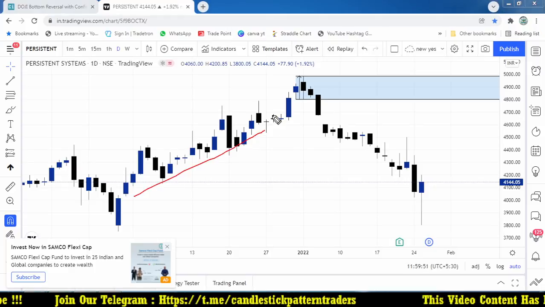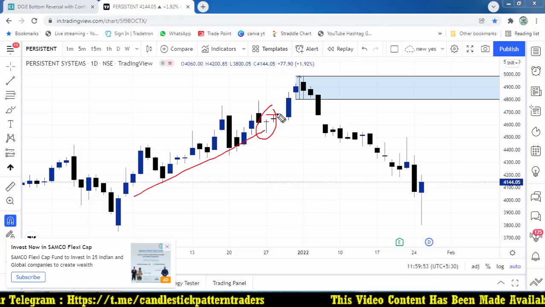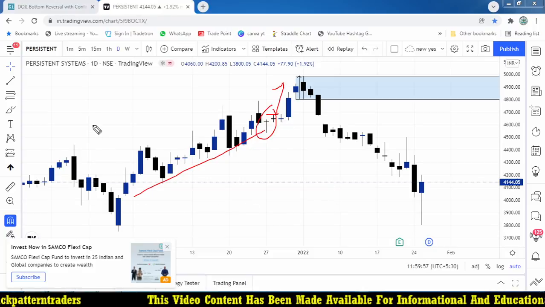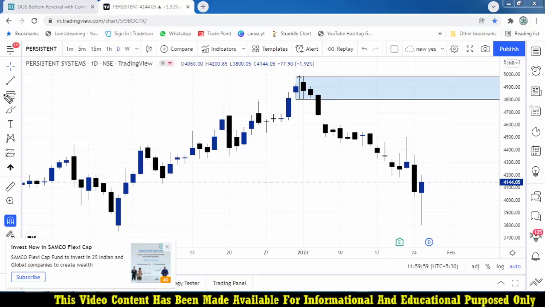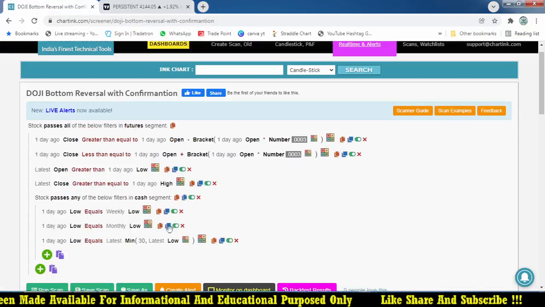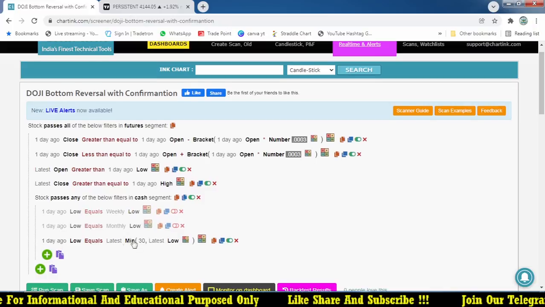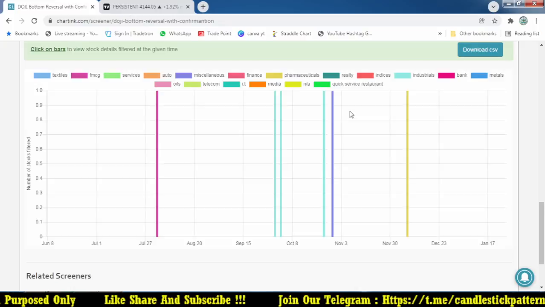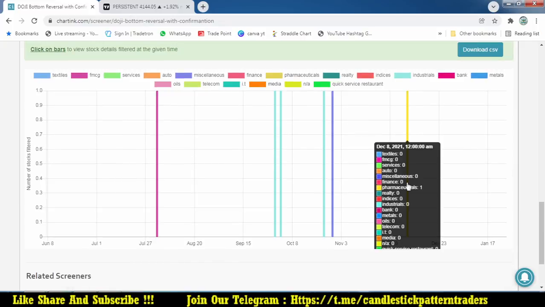Previously the stock was moving upside, so we didn't get this. It moves well, but I don't go for that. When the previous trend should be down, that's why we are using the monthly low. If you are using the 30 days low instead of the monthly or weekly low, you will find better signals at the lowest level, but fewer signals.